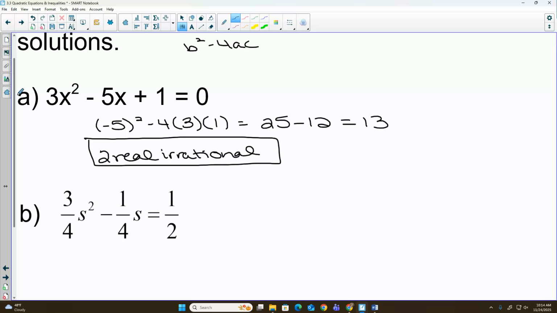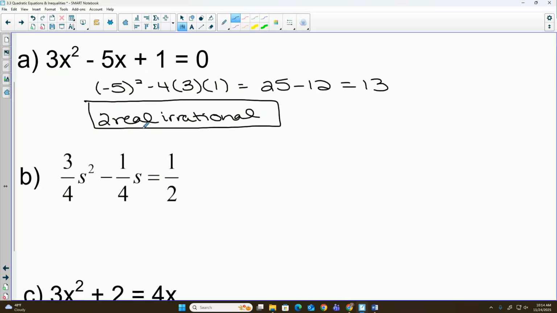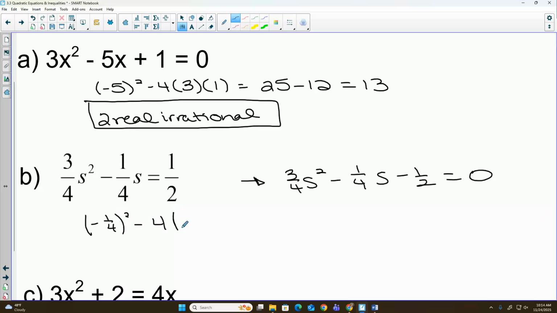On B, what would I have to do? So my B is negative 1/4 squared minus 4A is 3/4, C is negative 1/2. So negative 1/4 squared is 1/16.